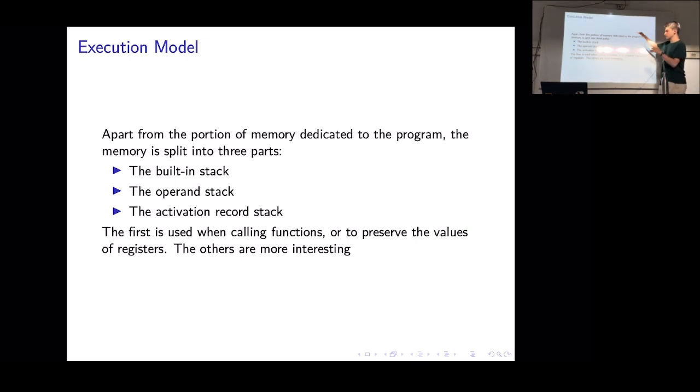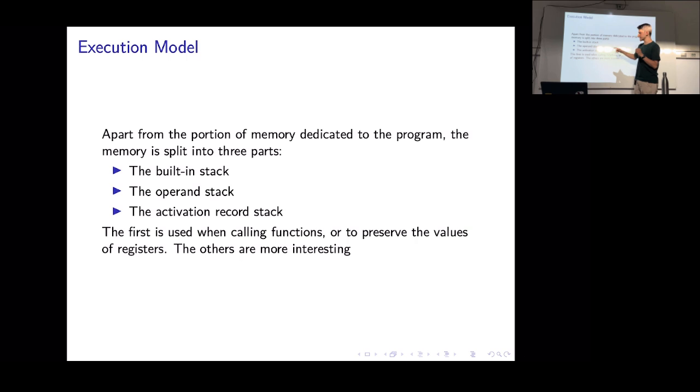Apart from the portion of memory in which we store the program itself, we have divided the rest of the memory into 3 stacks. One you're familiar with is the built-in stack, which is, for example, the one used by C programs.